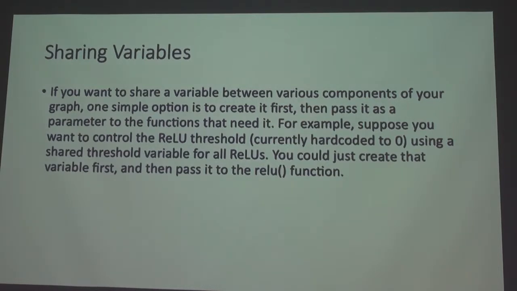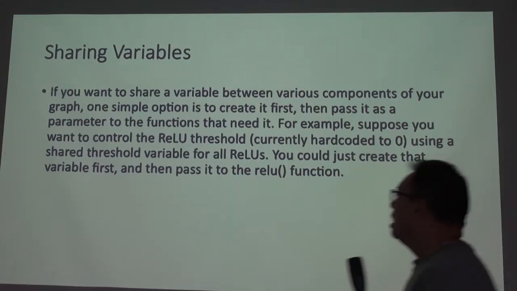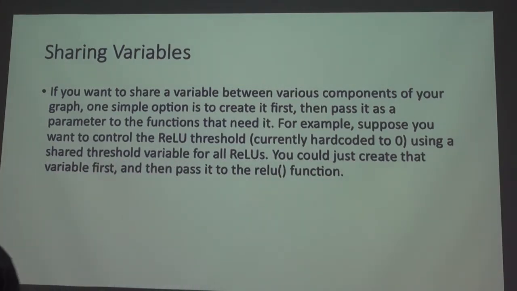We also need to talk a little bit about variable sharing. If you want to share a variable between various components in your graph, a simple option is to create it first and then pass it as a parameter to the function that needs it. For example, suppose you want to control the relu threshold.